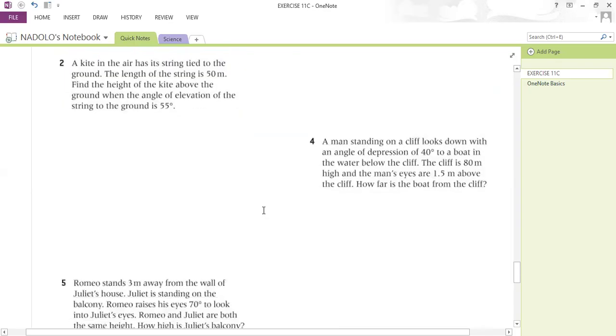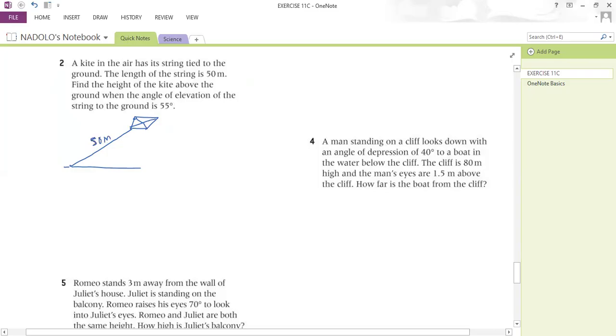Number 2: a kite in the air has a string tied to the ground. So always model what is happening. Assume this is the ground, then this is the string going up to where the kite is. The length of the string is 50 meters.